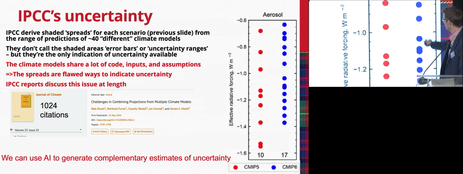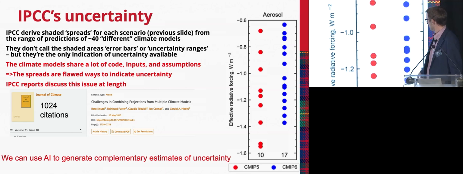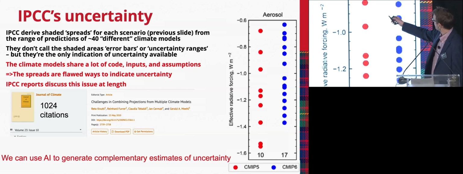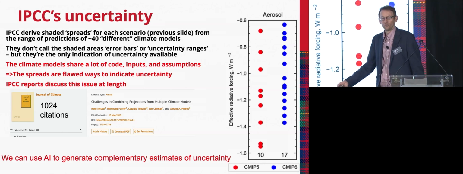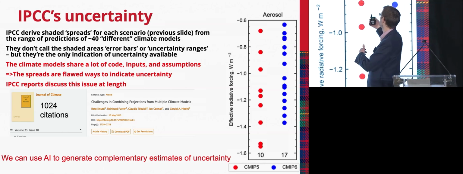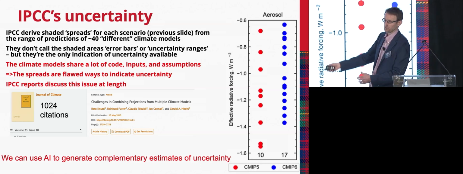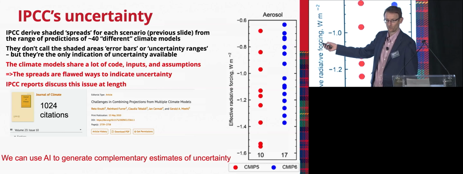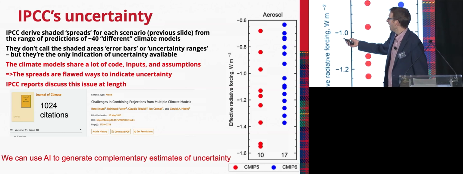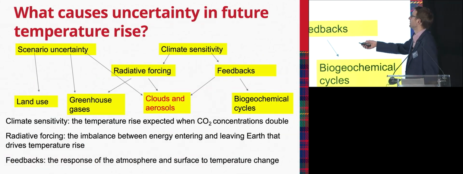The different predictions of the IPCC for one particular characteristic are shown here. The effective radiative forcing, in watts per square meter, is our standard measure of what is driving climate change: the imbalance between radiation coming in and radiation going out of Earth's atmosphere. Okay, so what causes our uncertainties?